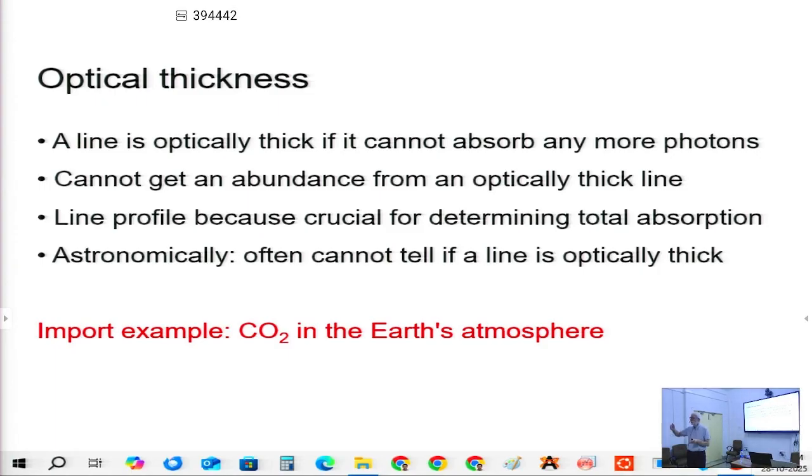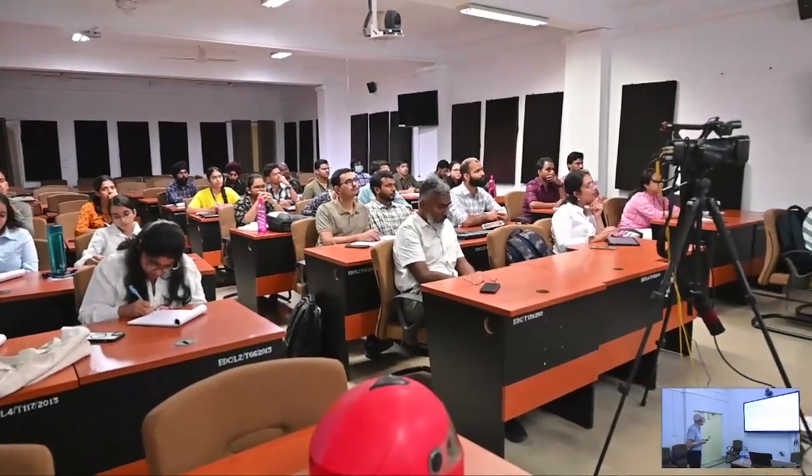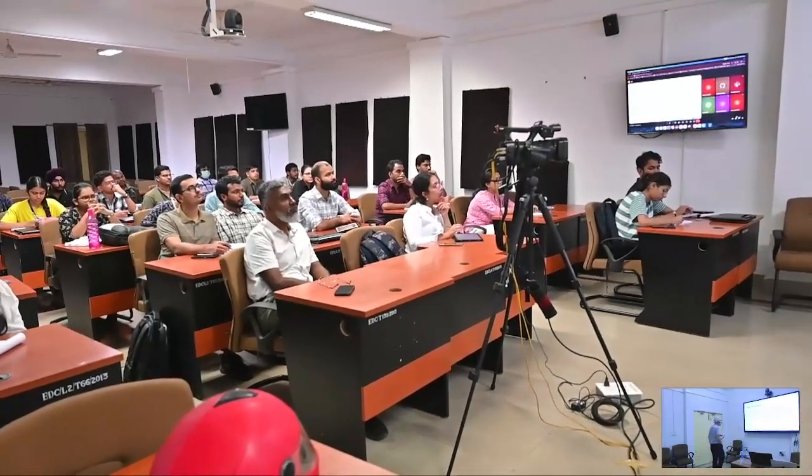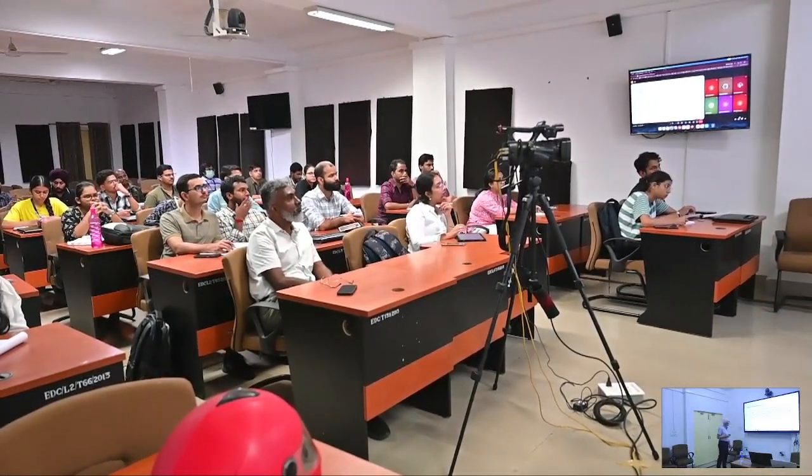And then it's not sensitive to how much more of that compound you have. It's optically thick. You basically absorbed everything. And when you're optically thick, you don't know what the column is. You just know that you've got enough there to absorb all the light. But it could be twice as much, it could be 3 times as much, it could be 10 times as much. You don't know. So you can't get an abundance from an optically thick line.